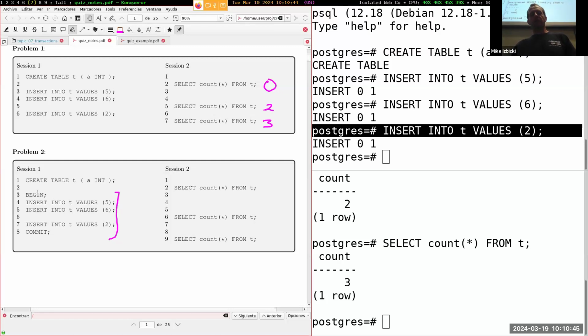Everything that is contained within a begin to a commit clause, I call this entire thing a block or a clause, is a transaction. Transaction is obviously often abbreviated as X, an X for the transaction.